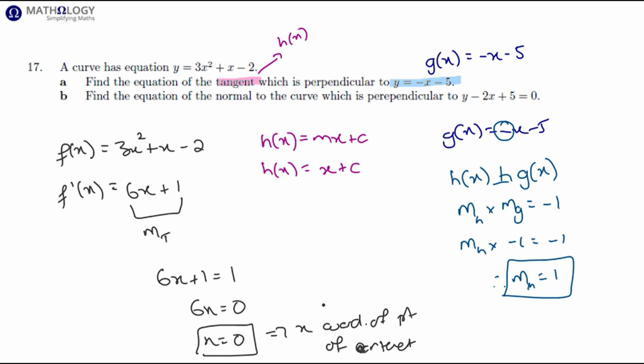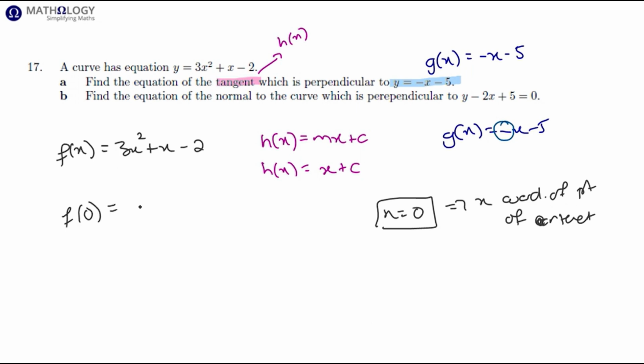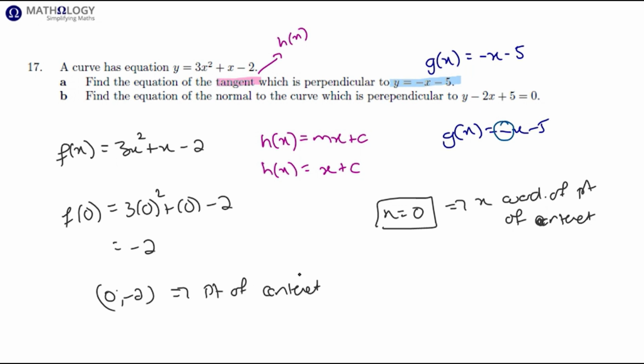To find the y coordinate of the point of contact, we're going to substitute x equals 0 into the curve. So f of 0 is 3 times 0 squared plus 0 minus 2, which is minus 2. (0, -2) therefore represents the point of contact between the tangent and the curve f of x.